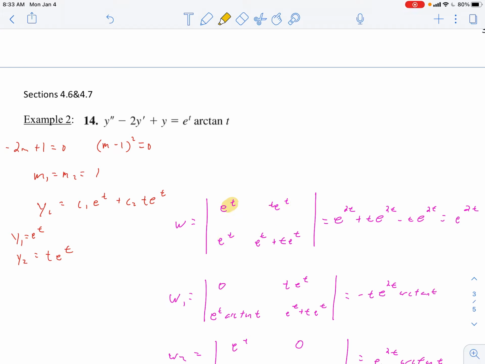So when we multiply e to the t times e to the t plus t e to the t, we get e to the 2t plus t e to the 2t. And then when we multiply t e to the t times e to the t, we have minus t e to the 2t. Hopefully you noticed that on the right we have e to the 2t minus e to the 2t.